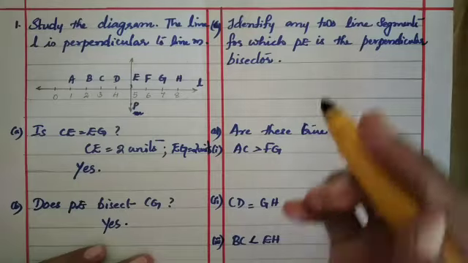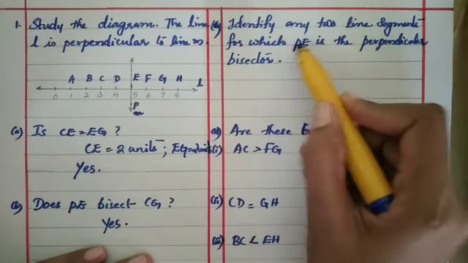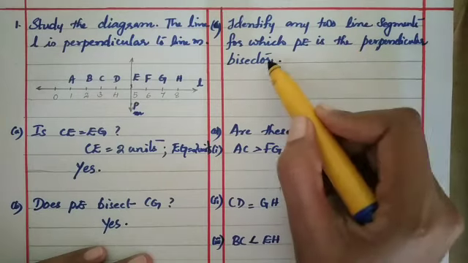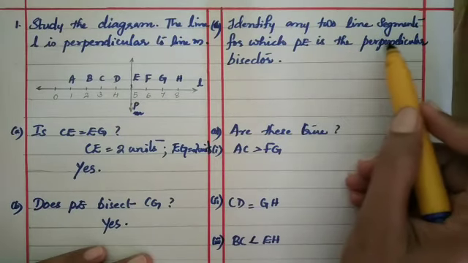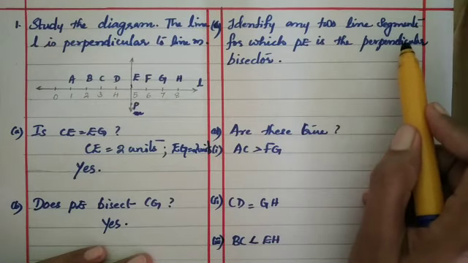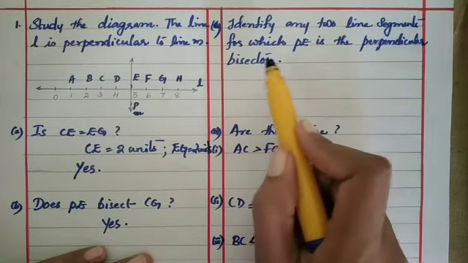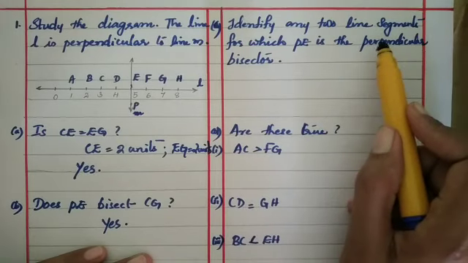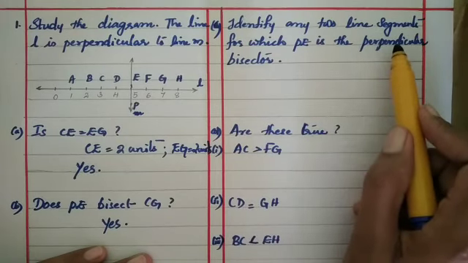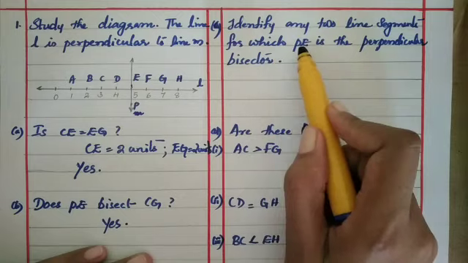Then question C: identify any two line segments for which PE is the perpendicular bisector. Perpendicular bisector means the line is perpendicular and also a bisector. Bisector means it divides into equal halves, and the angle formed there is 90 degrees, or a right angle.